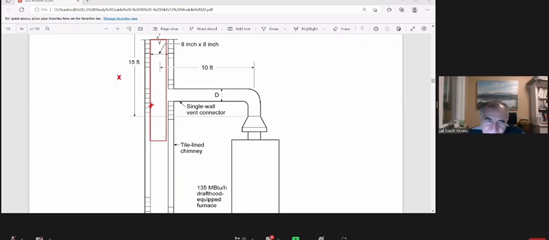First I'm going to calculate the diameter. Then I want to know whether this chimney is permissible to use for this appliance or not.